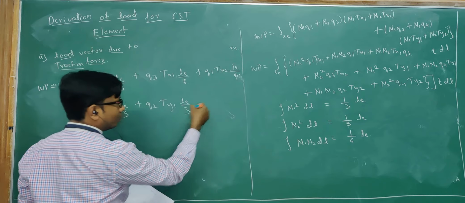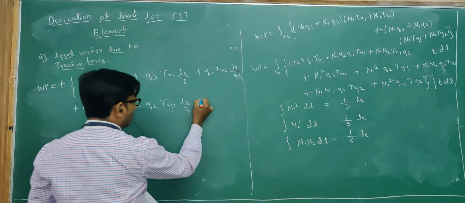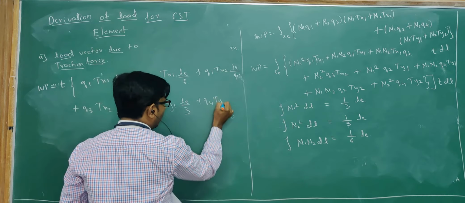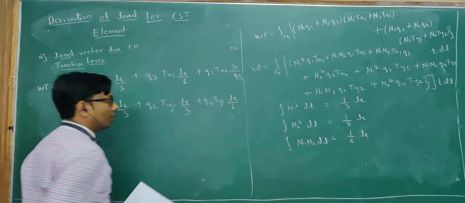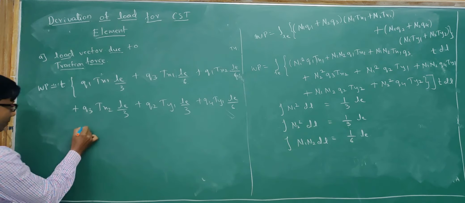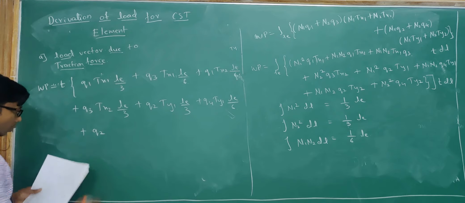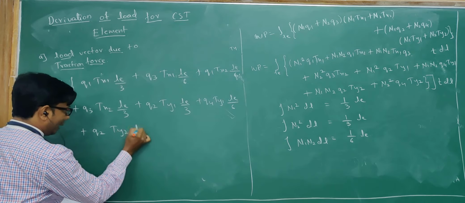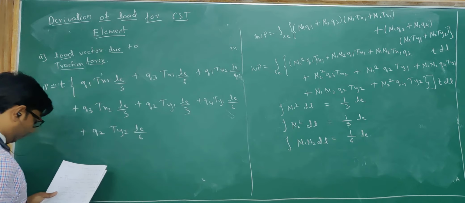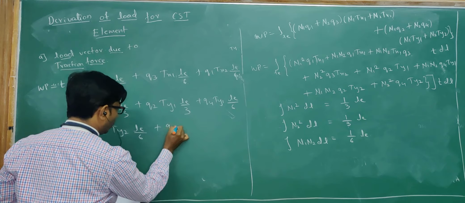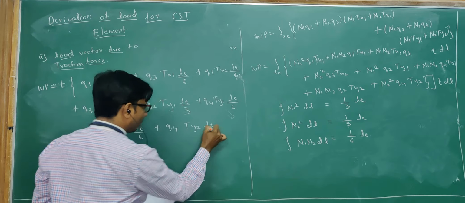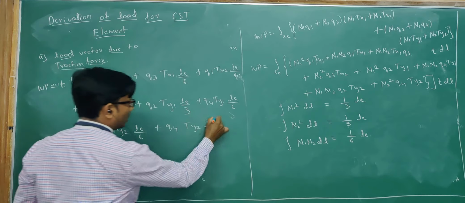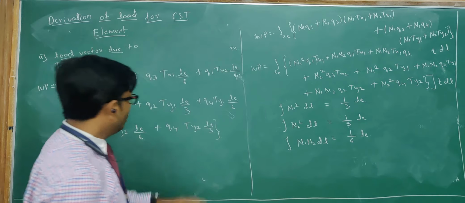The same thing, you just substitute the values, plus Q4 Ty1 le by 6. Similarly plus Q2 Ty2 le by 6 plus Q4 Ty2 le by 3. When you substitute these values, you will be getting this equation.